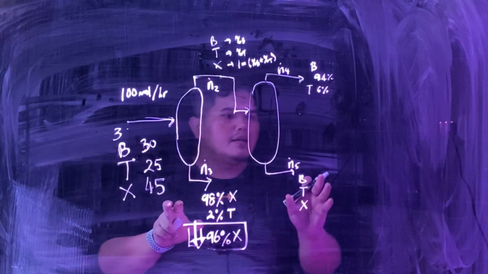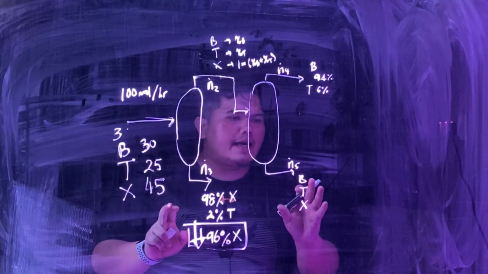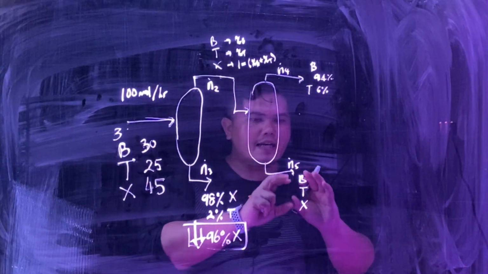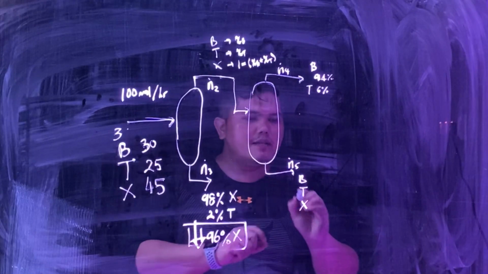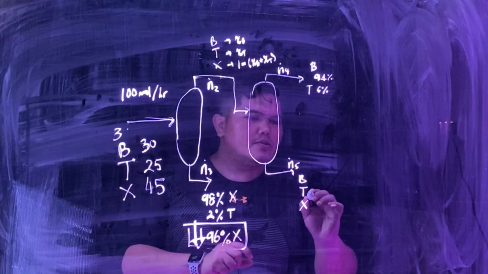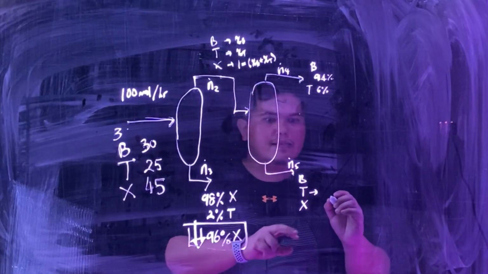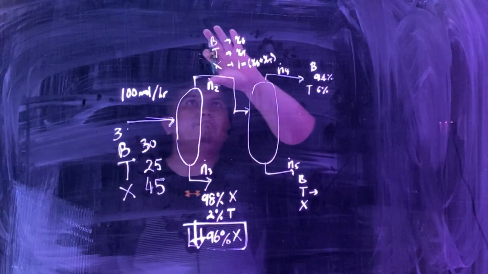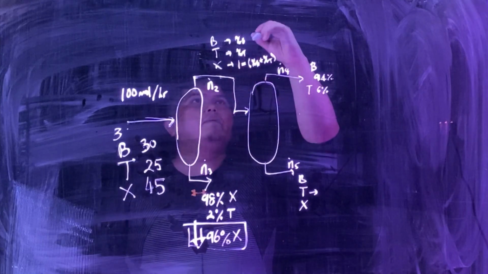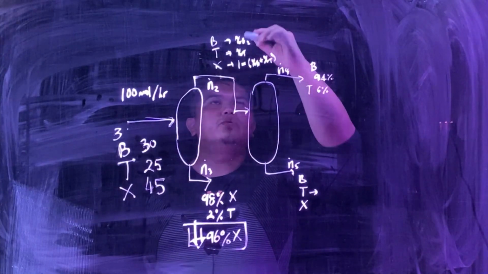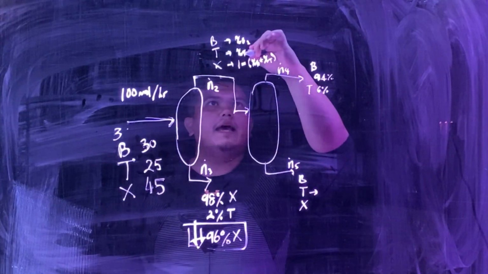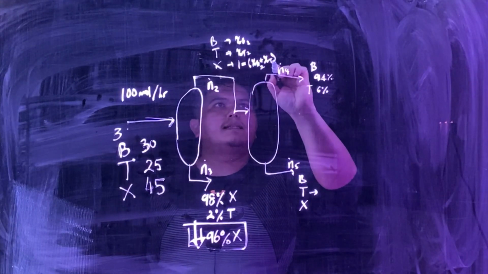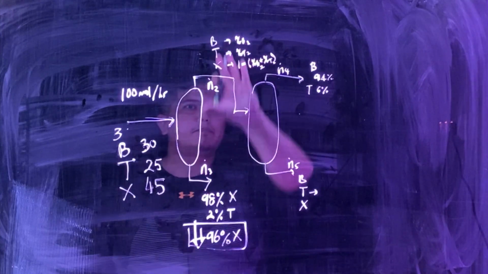So here you could expect that the only high amount of product recovered in this N5 stream is the toluene itself. So we can denote this as XB2, representing the second stream, XT2, and then this is 1 minus (XB2 plus XT2). So this will represent this stream.